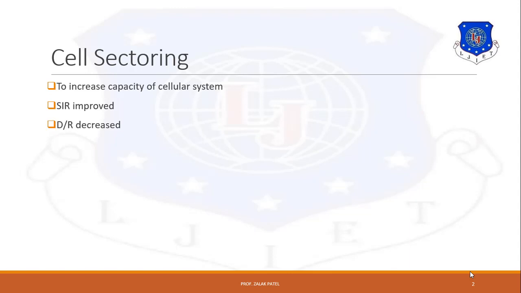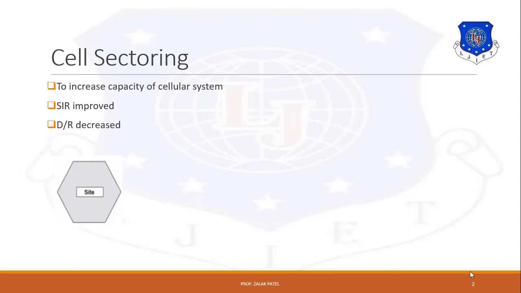Because of the decrease in D by R, the cluster size also reduces, because as we discussed in the previous lecture, D by R is equal to the square root of 3N. As D by R decreases, the cluster size also decreases.